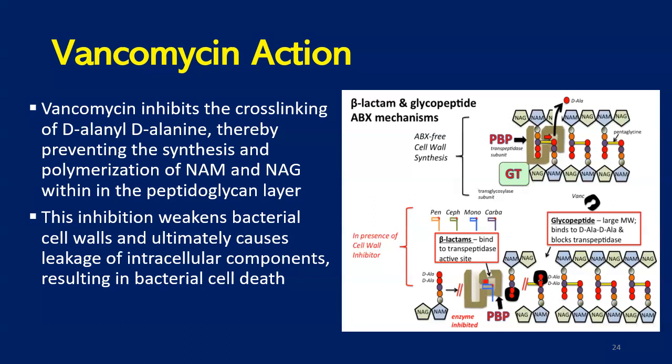But both groups, the glycopeptides and the beta-lactams, act on the cell wall. The glycopeptides will not inhibit the penicillin binding site, but will hinder its activity by preventing removal of one of the amino acids. Is that clear for everyone?